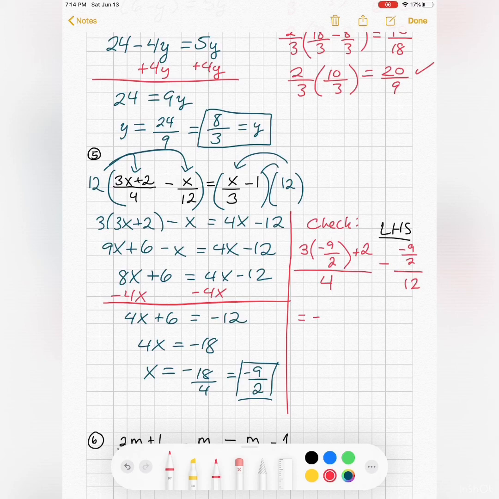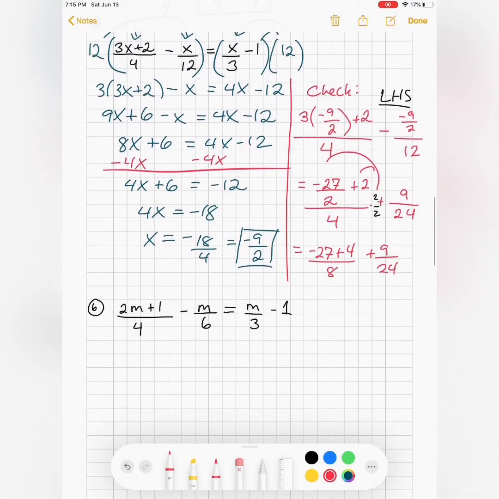Negative 27 over 2 plus 2 over 4 plus 9 over 24, multiply by 2 over 2, negative 27 plus 4 over 8.